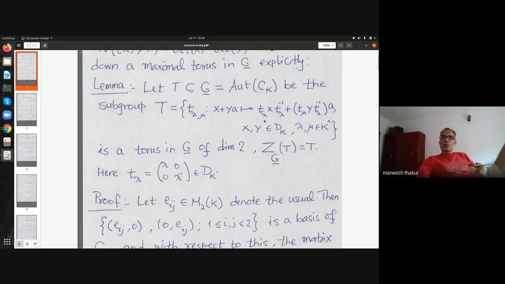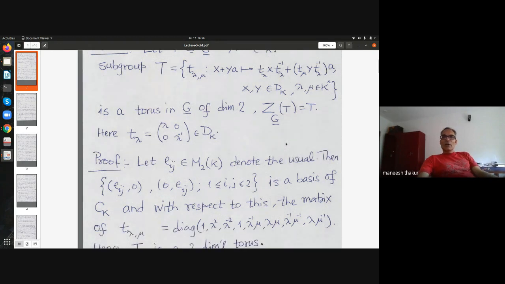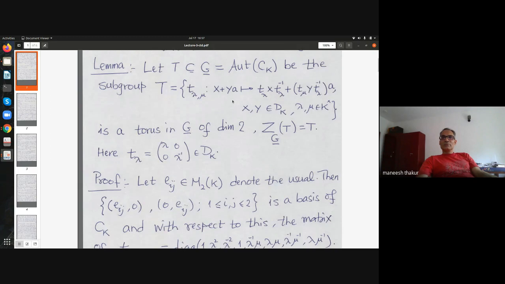So this is an automorphism of that type, okay? So collect all these guys. We claim that this is a torus in G lower bar of dimension 2. Not just that, we will prove that its centralizer is itself. So I hope this is okay, no? This expression is okay, Shripad?